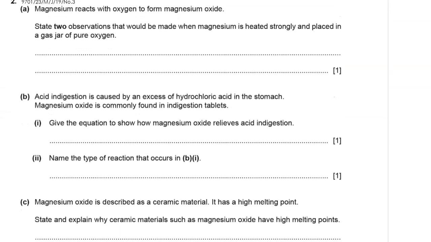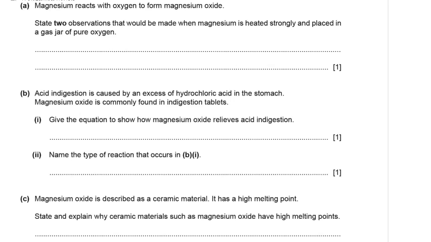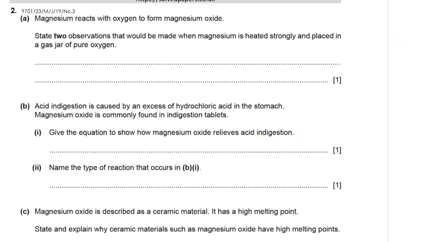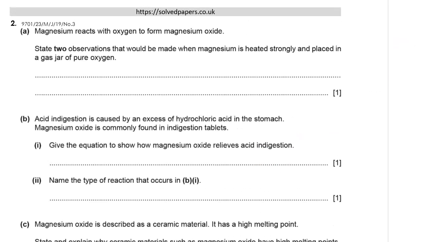Question 2. Question 2 is from paper 2-3, and this was question number 3. Magnesium reacts with oxygen to form magnesium oxide, obviously.